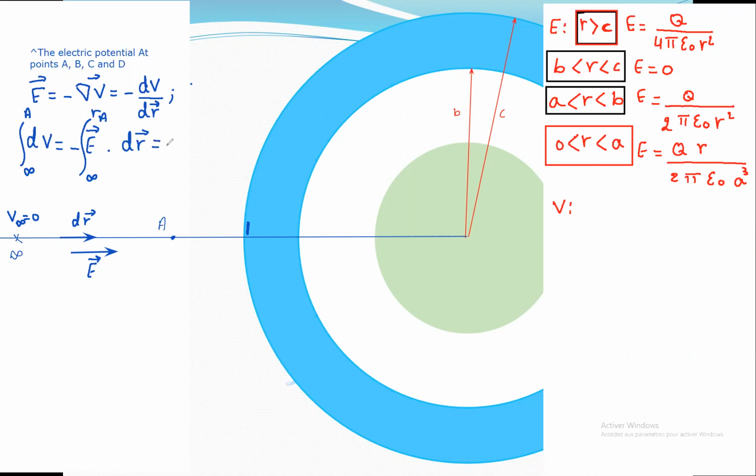So we can write minus E dr. And you know, in the case of R greater than C, E equals to Q divided by 4 pi epsilon 0 R square. We can substitute the value of E directly here.